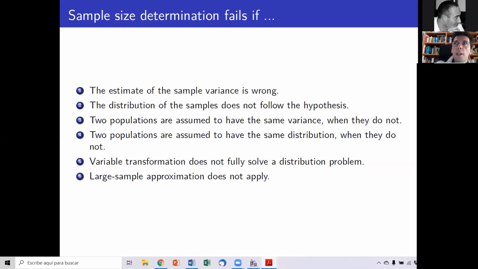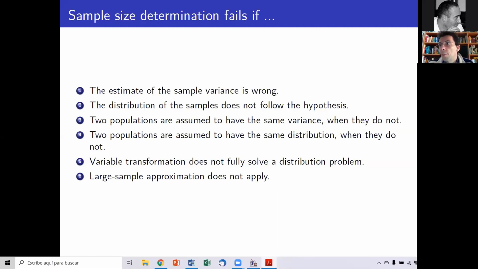How incorrect is incorrect depends on the violation, on the amount of violation you have incurred. Then sometimes we transform the variables to analyze them. So, for instance, it is very typical if you have concentrations or titers of virus or number of cells or things like that, that you take the logarithm.